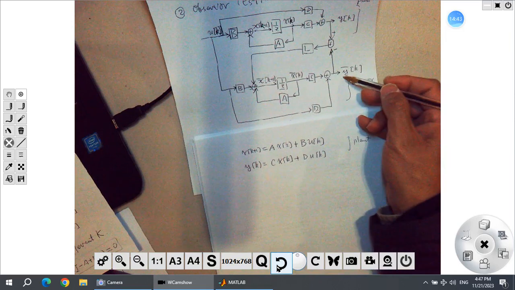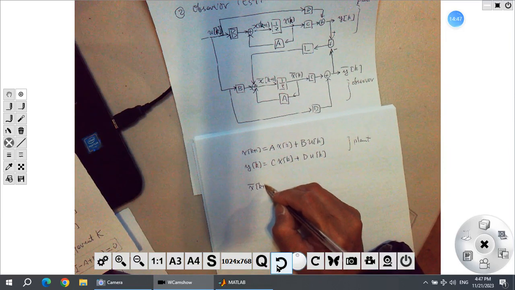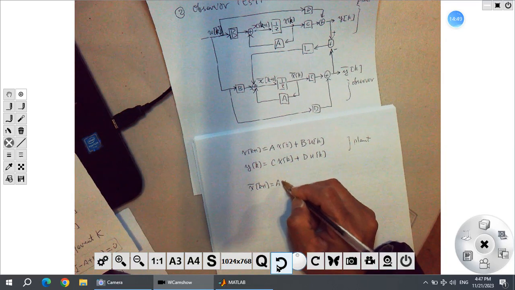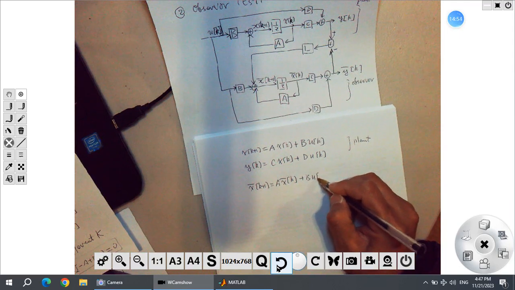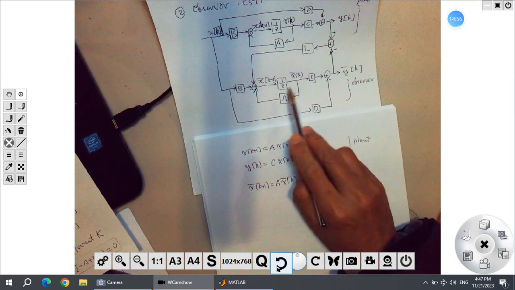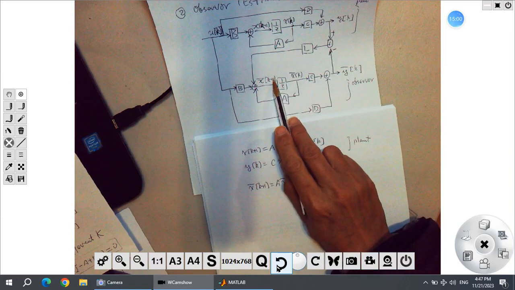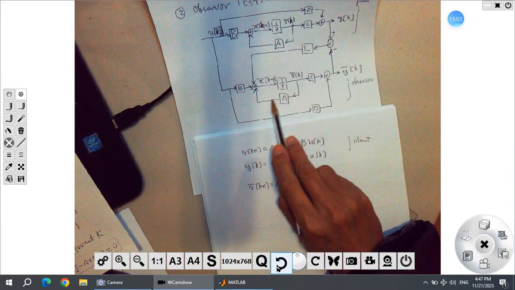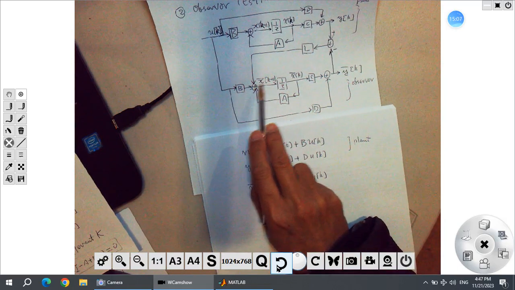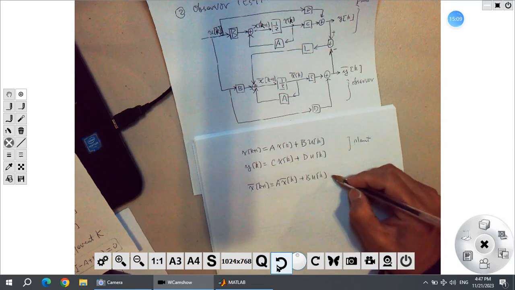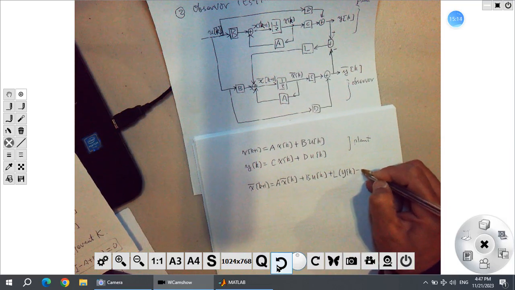And then the observer: we have x bar of k plus 1 equal to A x bar of k plus B u of k. Right. And we have one more term, plus L times y of k minus y bar of k.